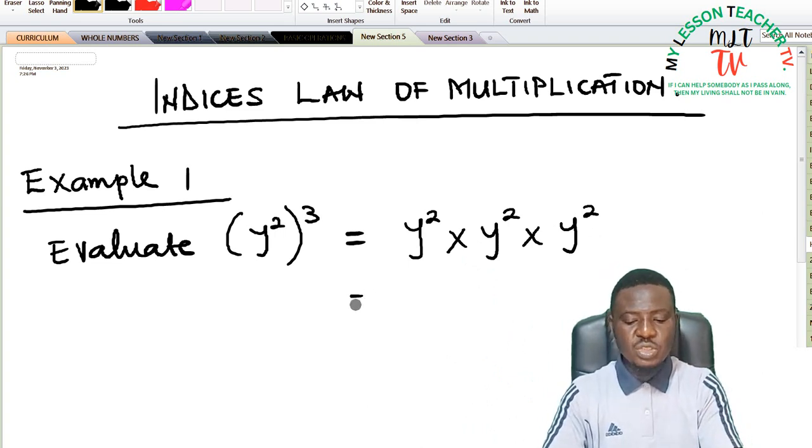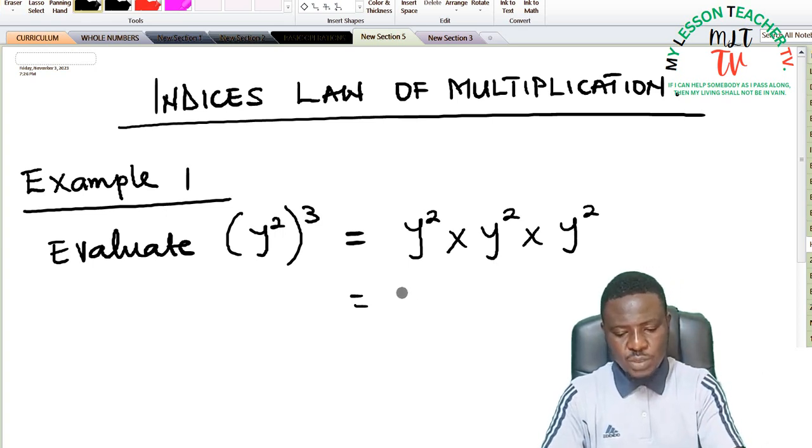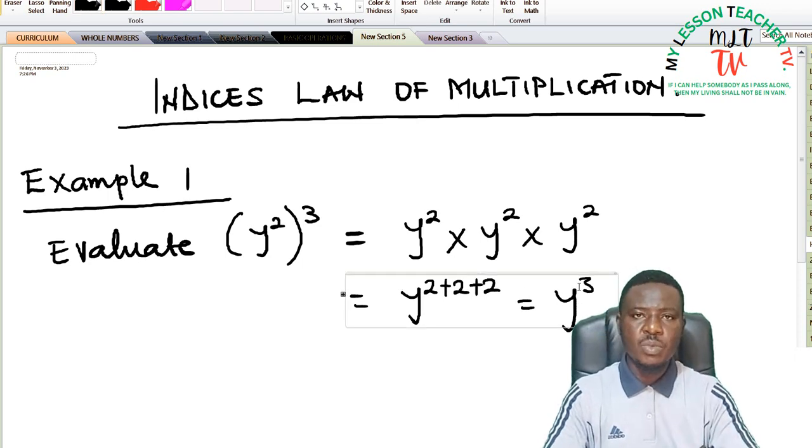When you multiply this using the indices law of addition, which says that when you are multiplying two or more indices and the bases are equal, you add the powers. So definitely this is going to be y raised to the power of 2 plus 2 plus 2, which is equal to y raised to the power of 6.